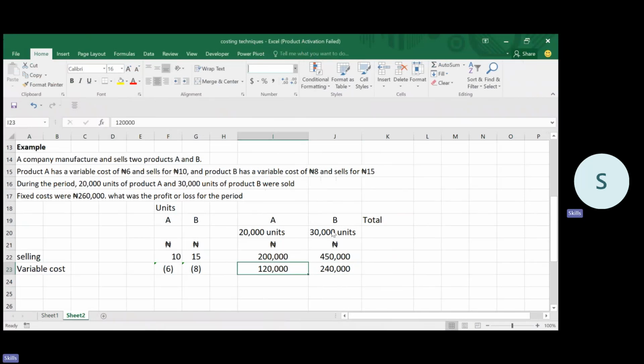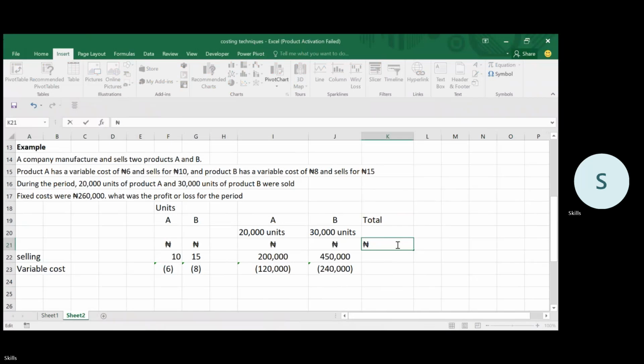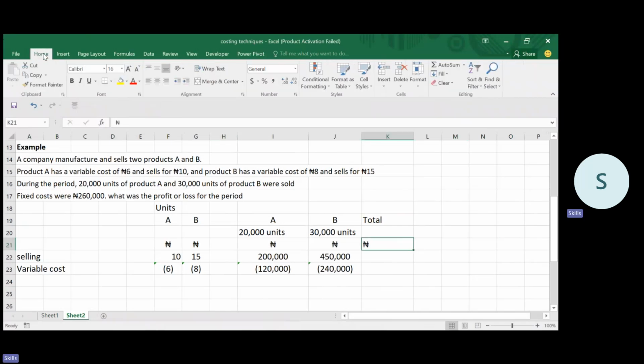So the next thing now will be our contribution. To determine our total, the revenue that will be generated from sales, total revenue will be 200,000 plus 450,000, which will give us 650,000.